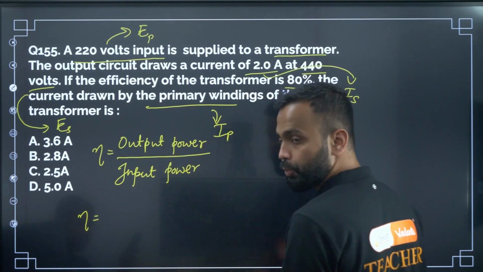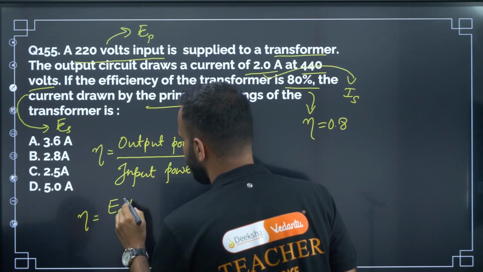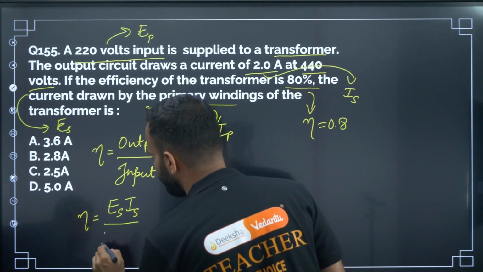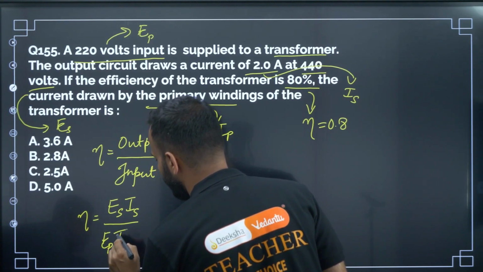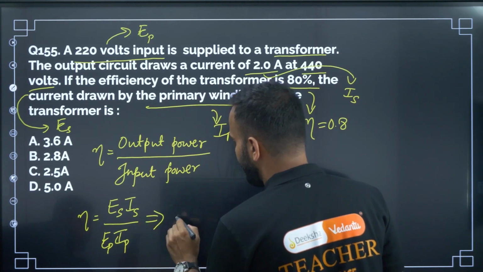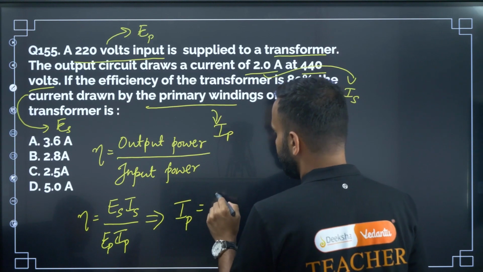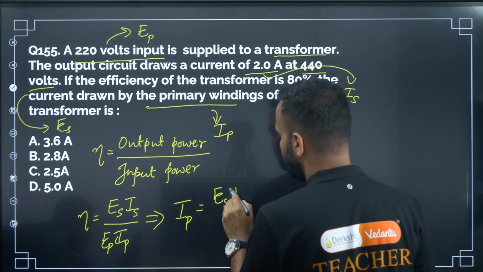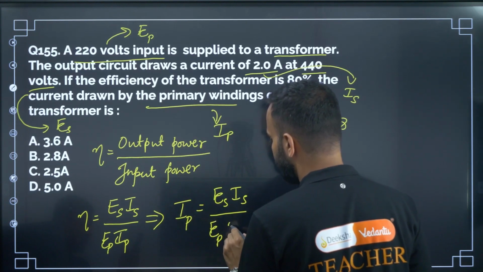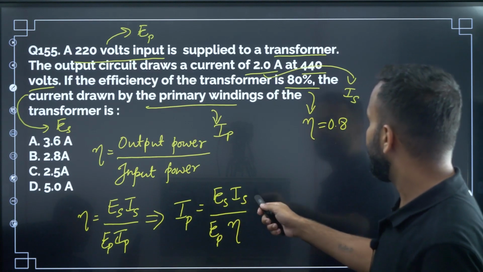So now eta is equal to output power by input power, right? Output power is equal to ES into IS, right? Input power is equal to EP into IP. So now we need to find IP, right? IP is equal to ES into IS divided by EP into eta, right? So now we have the value of ES, IS, EP and eta.